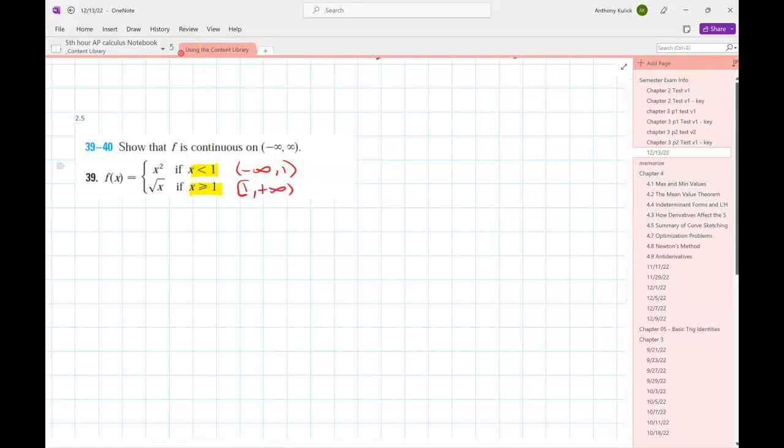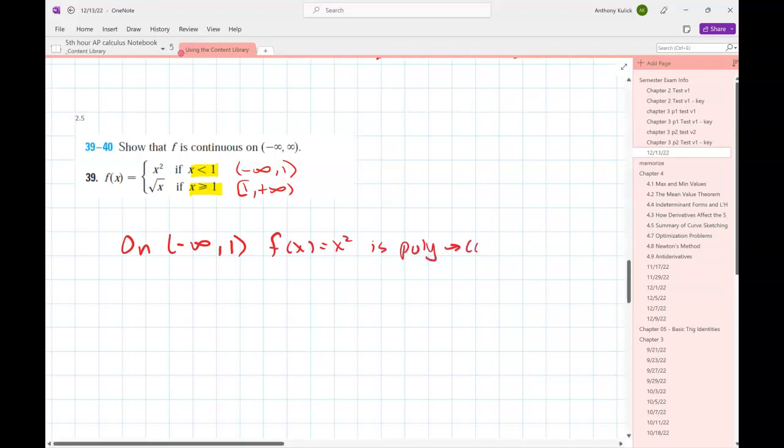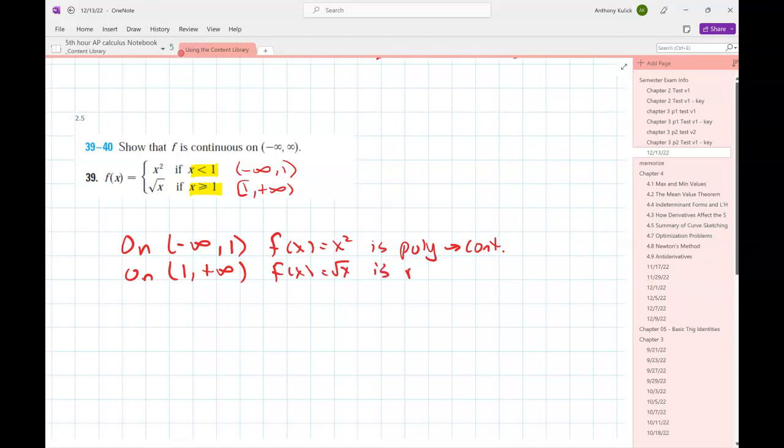Okay, so I notice from negative 1 to 1, f of x equals x squared is a polynomial. Therefore, we're continuous there. And then on the interval from 1 to positive infinity, notice I used the open interval here, not the closed. F of x is equal to the square root of x, which is a radical.